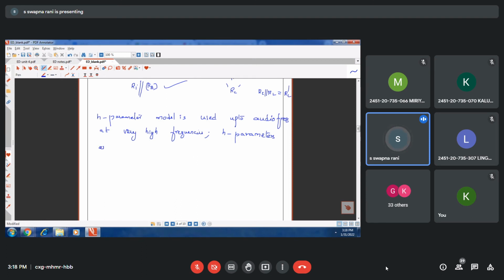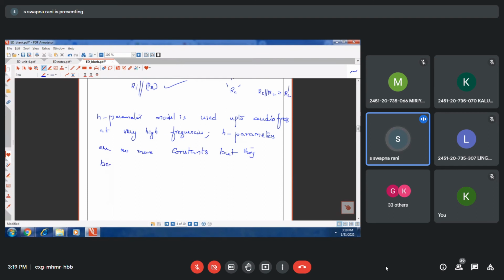H parameters are no more constant, but they become complex. That is, complex means the value of the H parameter is going to vary with frequency.